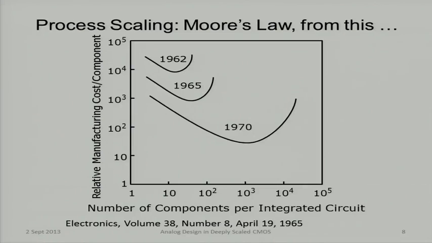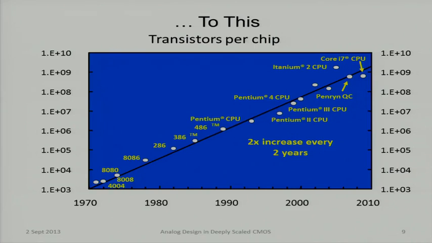And so that's what we have there. That's taken us to this, and these are Intel data points, because those are what are conveniently available to me. But you can see we've been pretty close to a 2x increase every 2 years in transistor count for a rather long time.